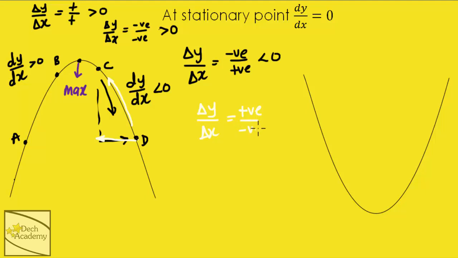The change in x is negative, and a positive number divided by a negative number is a negative number. So to the right of the maximum, if you move along the curve in any direction, as long as you're within this right hand side region, dy/dx is less than 0. To the left of the maximum, dy/dx is always greater than 0.